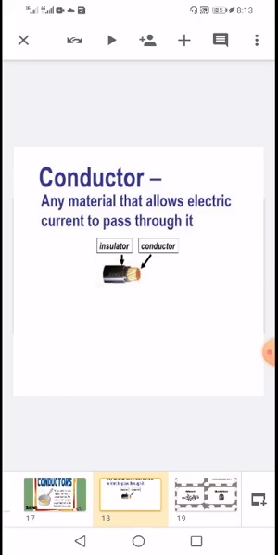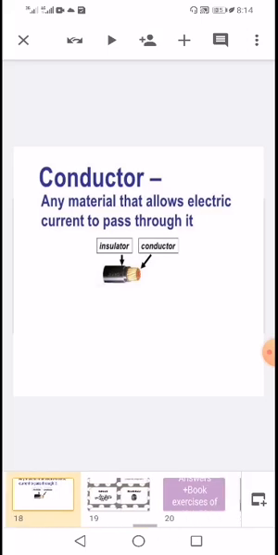Any material that allows electric current to pass through it is called a conductor. You must have seen a wire; inside the wire there is copper wire which allows the electric current to pass through it. That's why this is called a conductor.